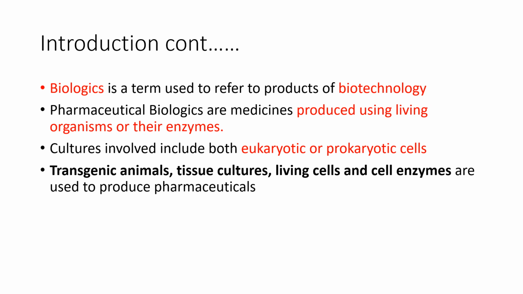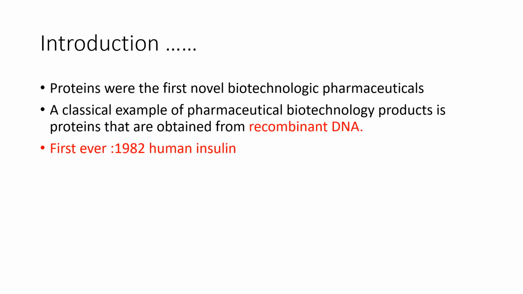What type of organisms are we talking about? So microorganisms, we can use both eukaryotic and prokaryotic cells. Apart from that, you can also use transgenic animals, tissue cultures, living cells, and cell enzymes. All these can be used to produce biopharmaceuticals or biologics, as we will see in coming lectures.